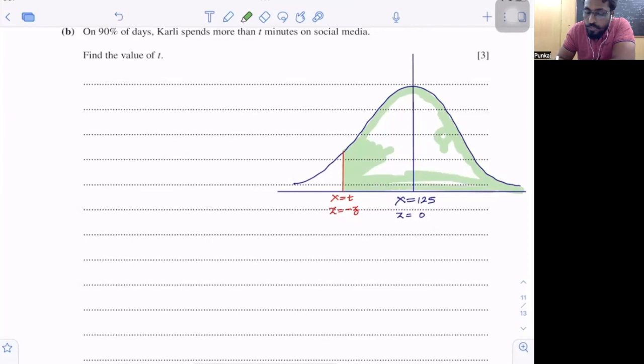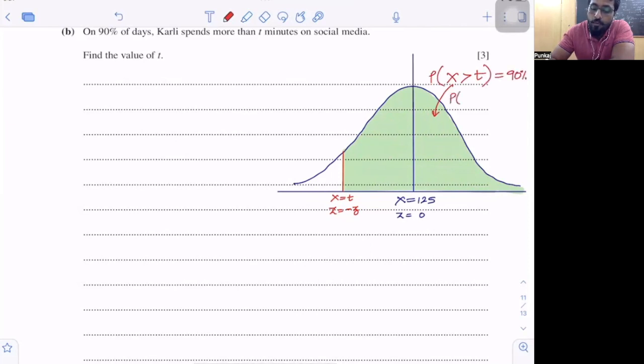You can just use hatching lines to represent what region is required. For me, the hatching lines are going to take too much time, so I just make use of the shading. So this is how the region is going to be. This is where I can write x is greater than t, so the probability of x greater than t is 90%.